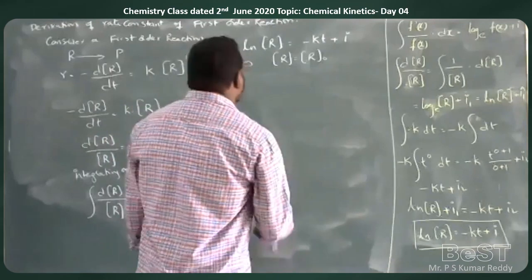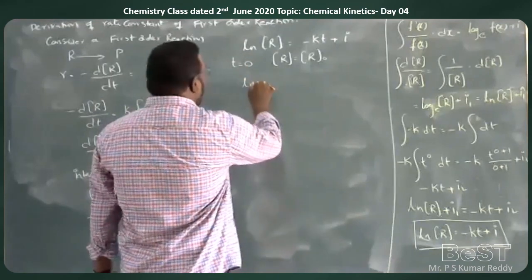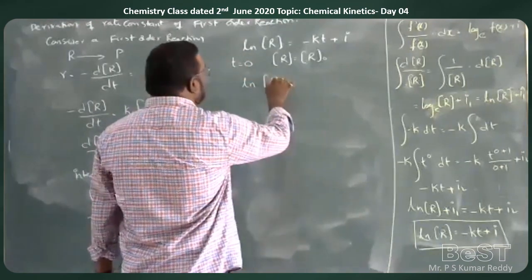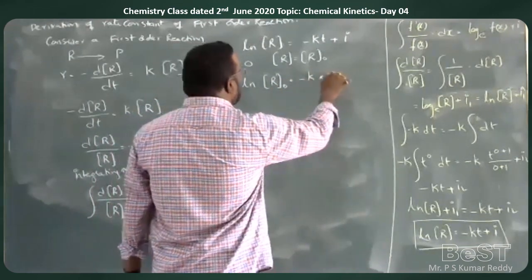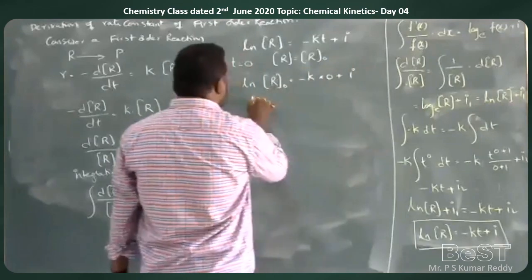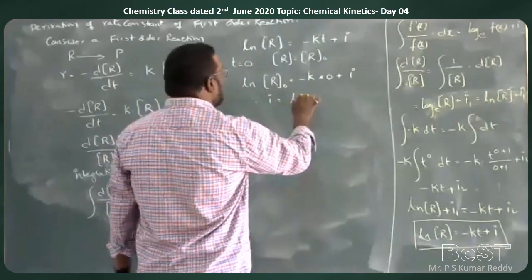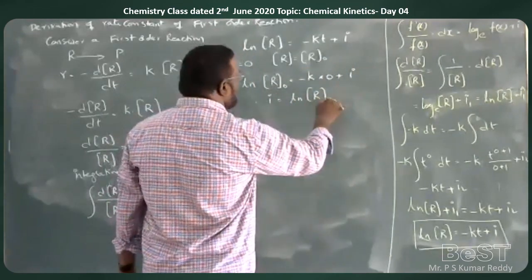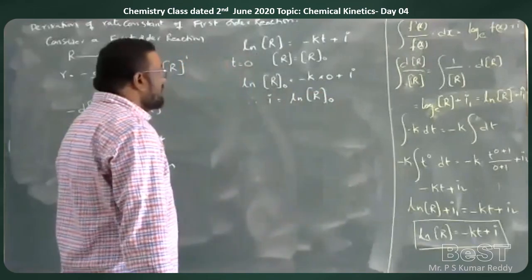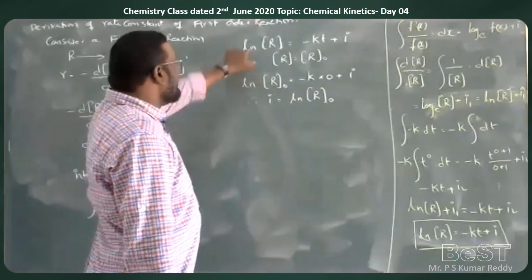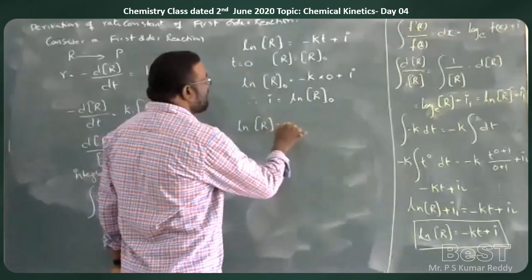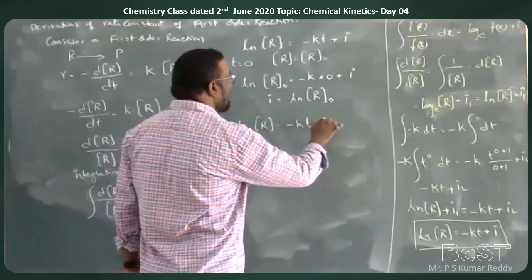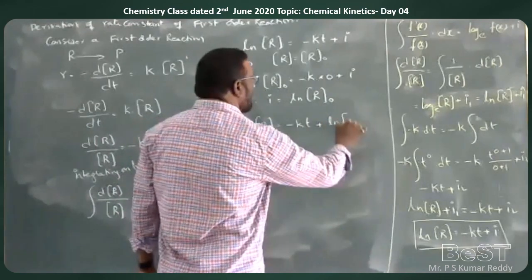So therefore ln of R naught is equal to minus k into 0 plus I. Therefore I is equal to ln of R naught. Substituting the value of I in this equation, ln of R equals minus kt plus ln of R naught.